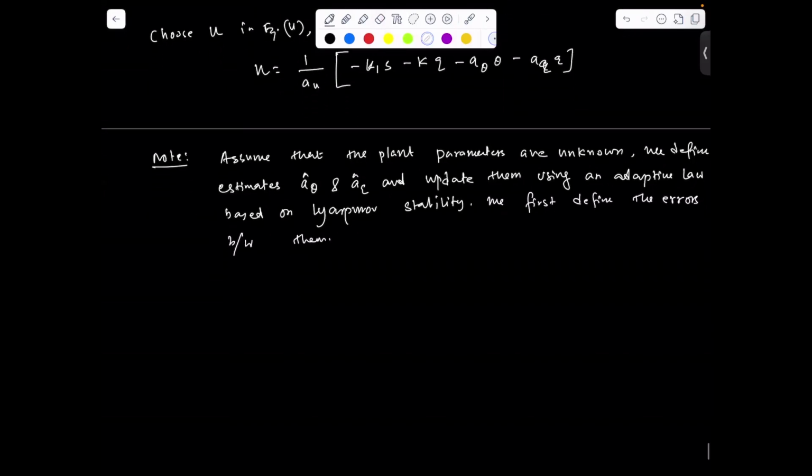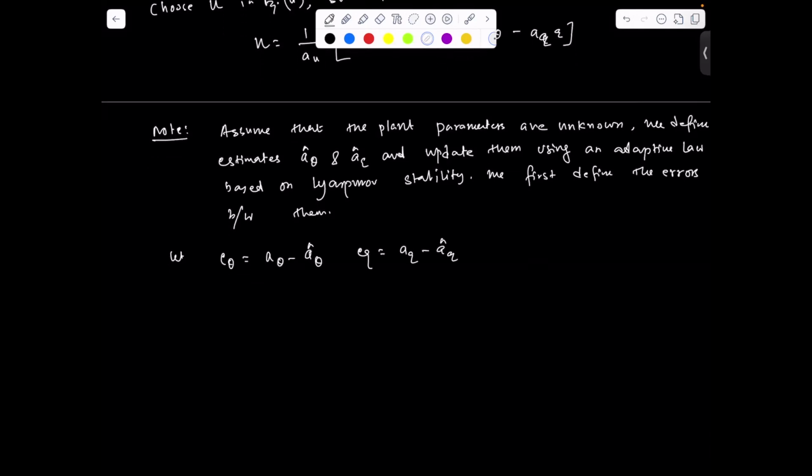So we can write, let E theta be A theta minus A theta cap, and EQ equal to AQ minus AQ cap.